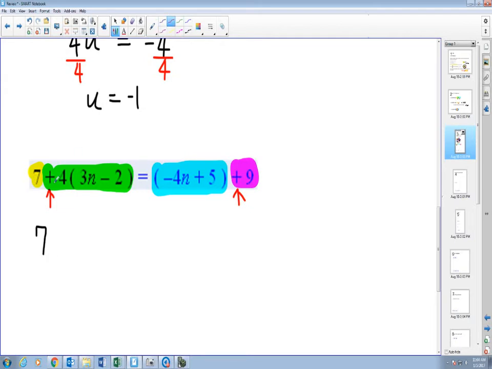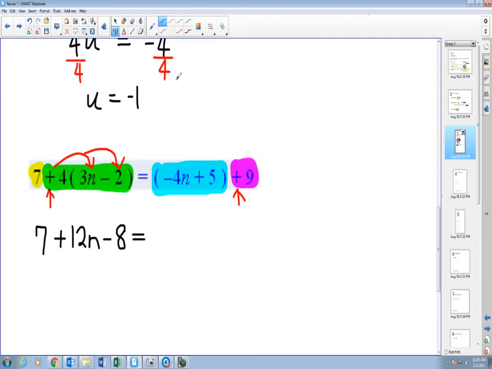My second term has a multiplication with a parenthesis, so we will distribute. Positive 4 times 3n, positive 12n. Then positive 4 times negative 2, negative 8. That's how we say it. Equal in the middle.